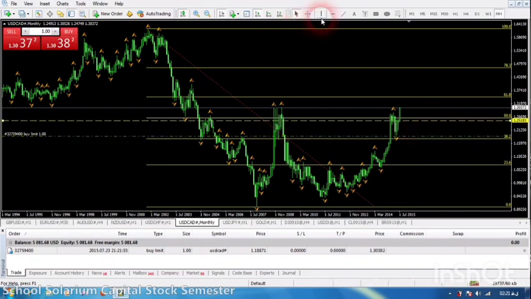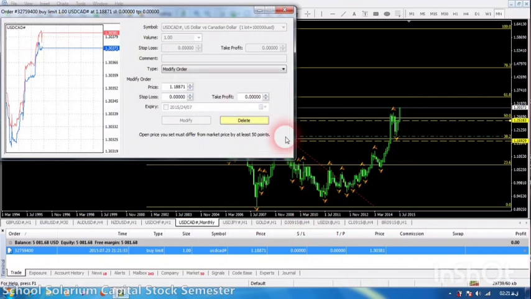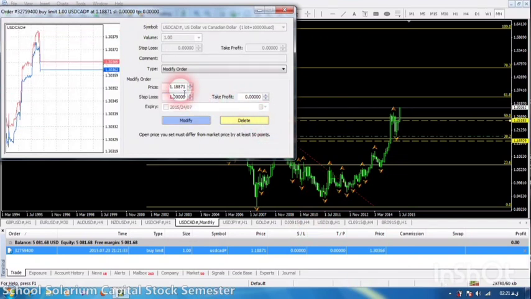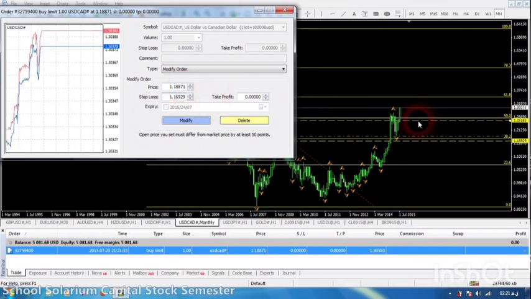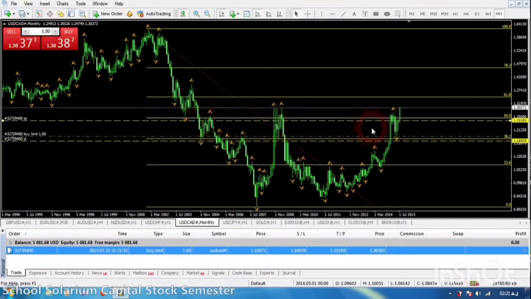I can determine my take profit and put it there, and also I can put my stop loss here. 1.16929, and this is my take profit on 1.25183. So those are my take profit and stop loss.